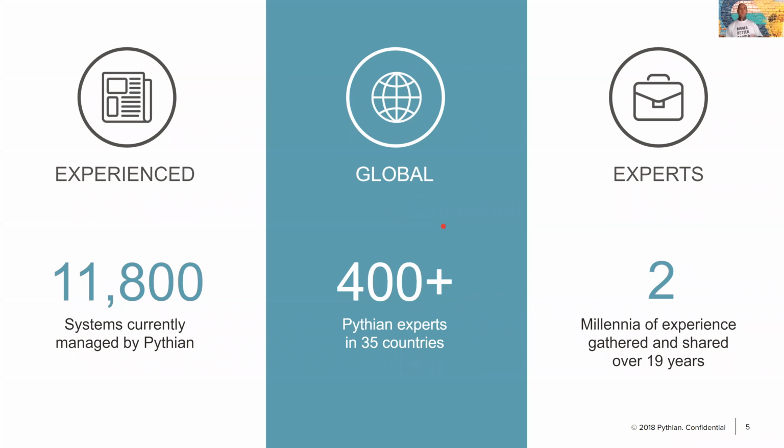A bit of information figures about the company, which I find amusing. We have like 10,000 systems managed by us, 400 people throughout 35 different countries. And the funniest one for me is that we overall sum up a total of 2 millennia of experience in the last, as I said, 20 years or so.